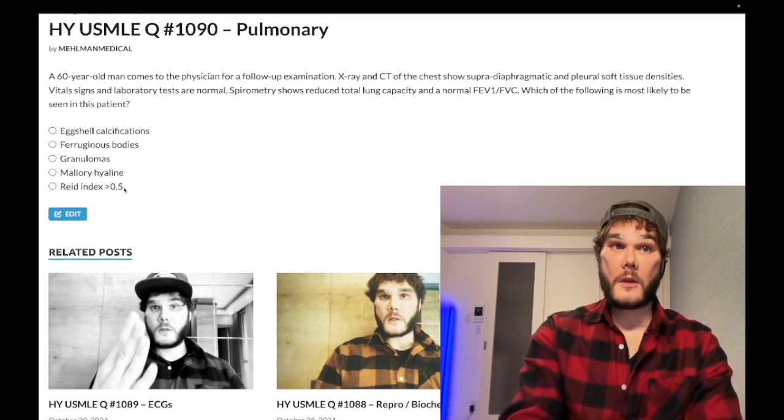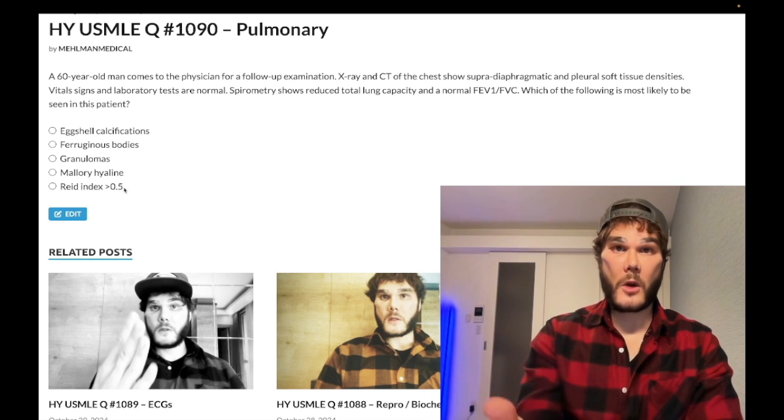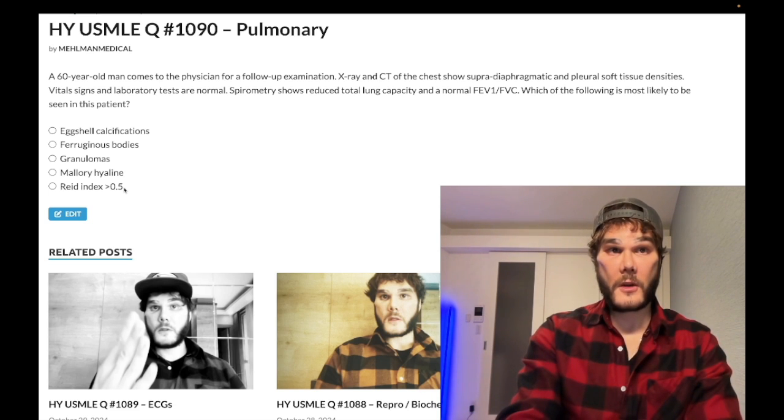This leads to the whole hypoxic vasoconstriction, blue bloater, increased afterload on the right ventricle with pulmonary hypertension, cor pulmonale. But you've got to know for USMLE, Reid index greater than 0.5, it's chronic bronchitis. Clearly, that would be obstructive lung disease, not restrictive. You're not going to get these pleural and supradiaphragmatic plaques. Reid index, wrong answer.